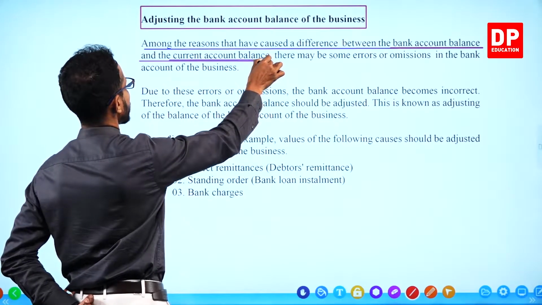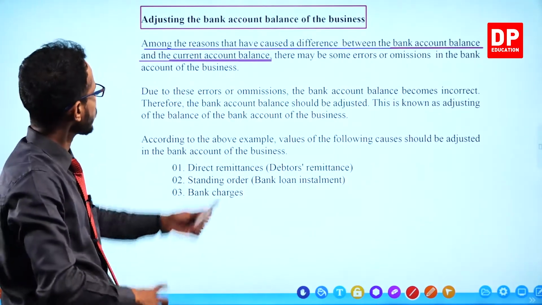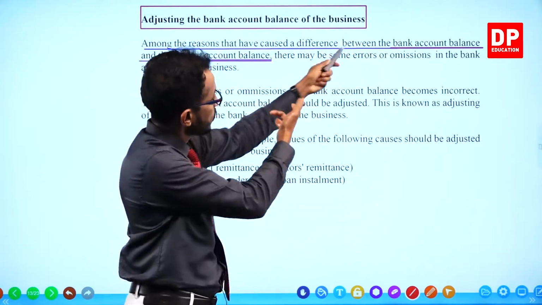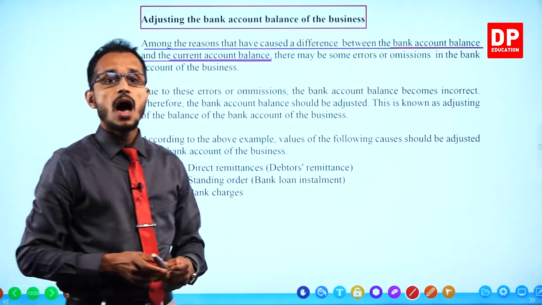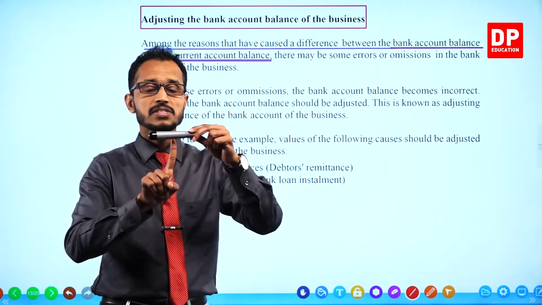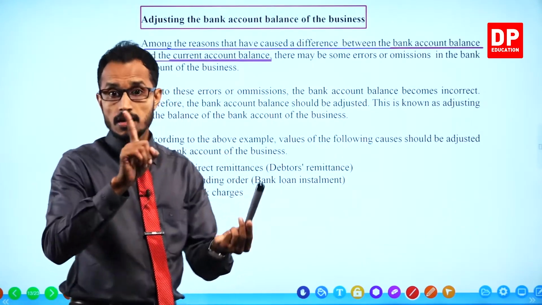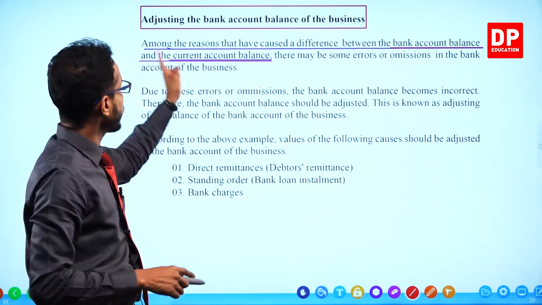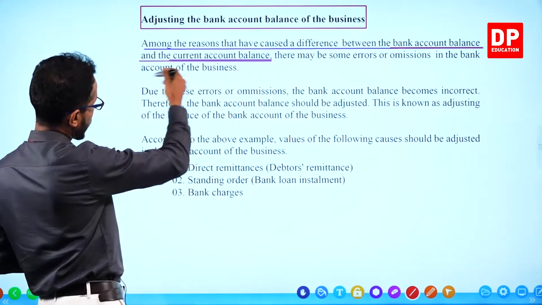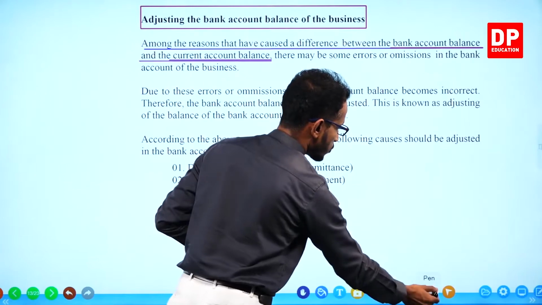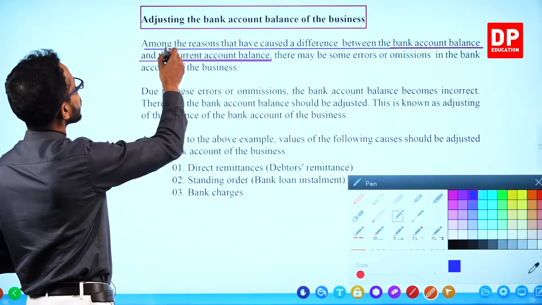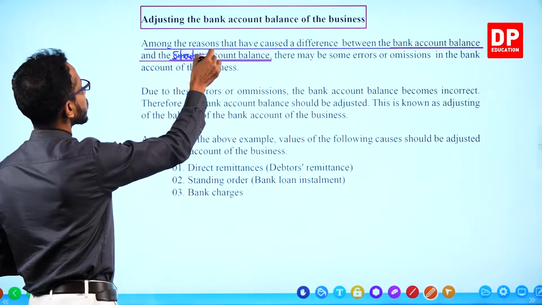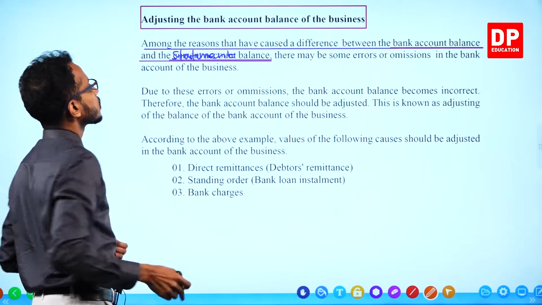Without saying current account balance, you can say the statement balance. Here, when there is a current account balance, they are referring to the statement balance.